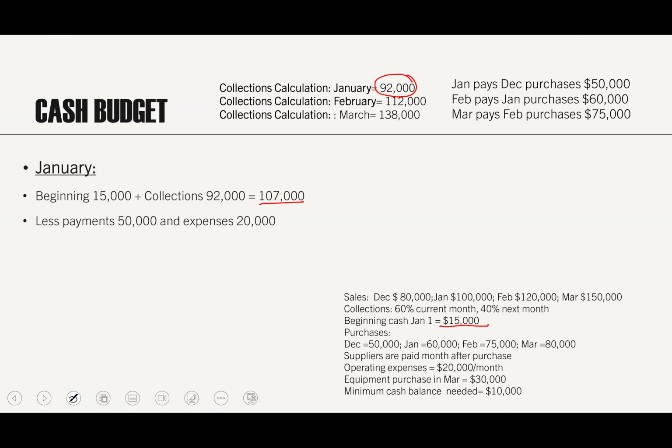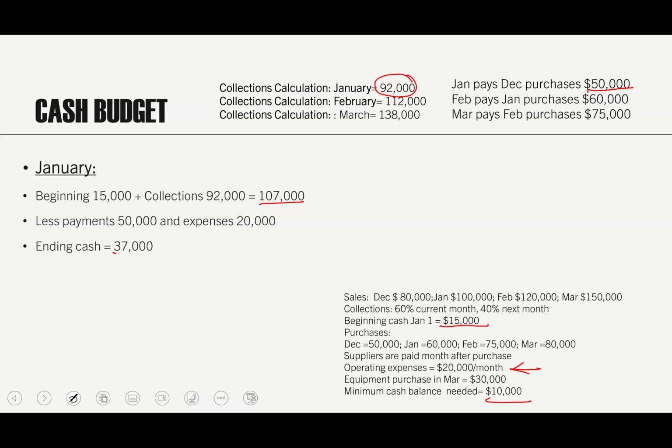Now our payments for January are, this is our payment, and we are making operating expense payment of 20,000. So ending cash is 37,000, which is much bigger than the minimum that we require. Remember, we require a minimum of 10. So we don't need to borrow. We are all good, and we move to February.